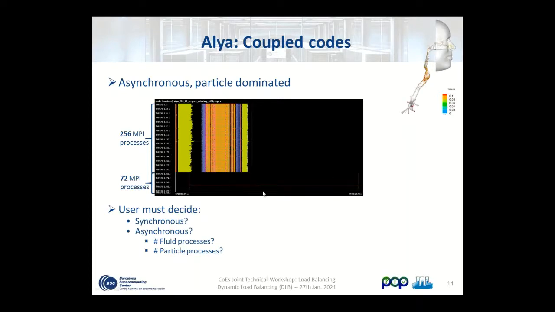And not only is this imbalance extreme at this point, because this is the beginning of the simulation, so all the particles are being injected and are in the same partition, but also this imbalance will be changing during the execution. So these particles will be moving around and will be in another domain some steps later.